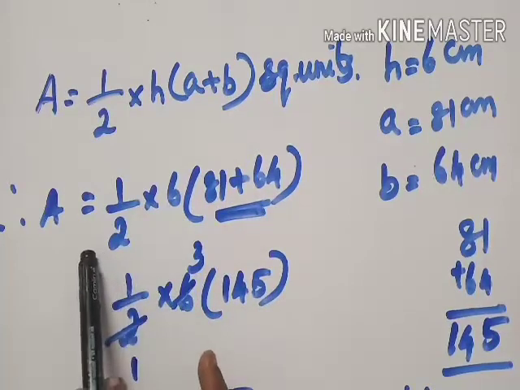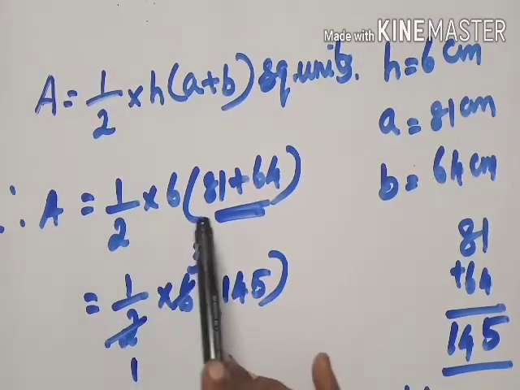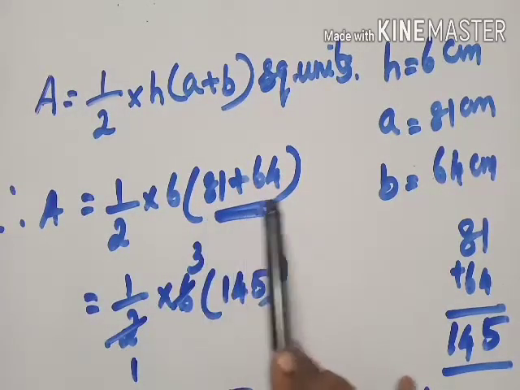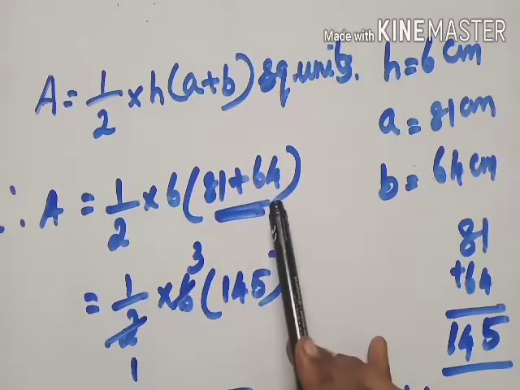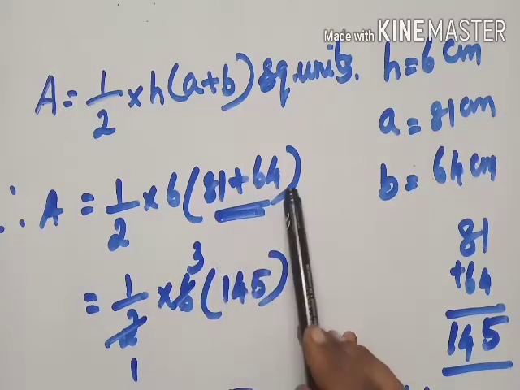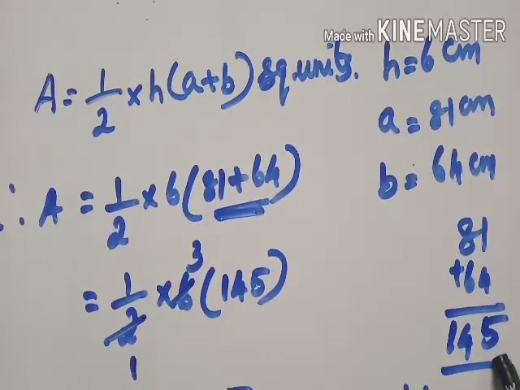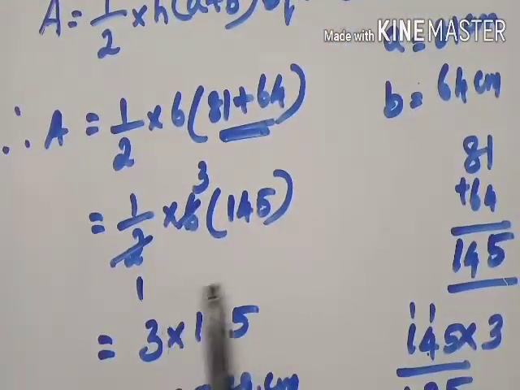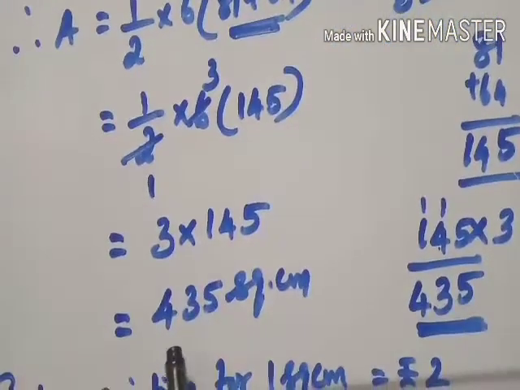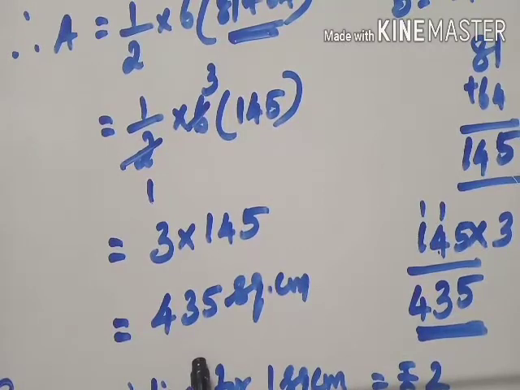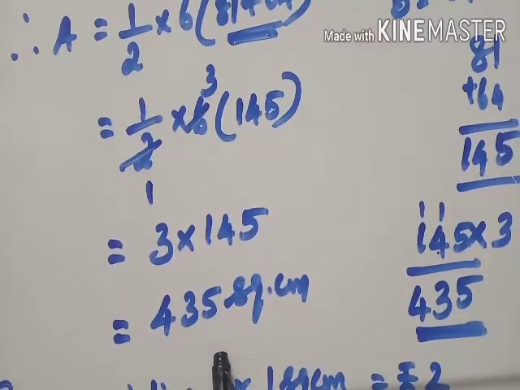Substitute the values. Half into 6 into 81 plus 64. Add these two numbers first. 81 plus 64, 145. So, half into 6 into 145. Do the cancellation. 1 2 is 2, 3 2s are 6. So, 3 into 145 is equal to 435 square centimeter.